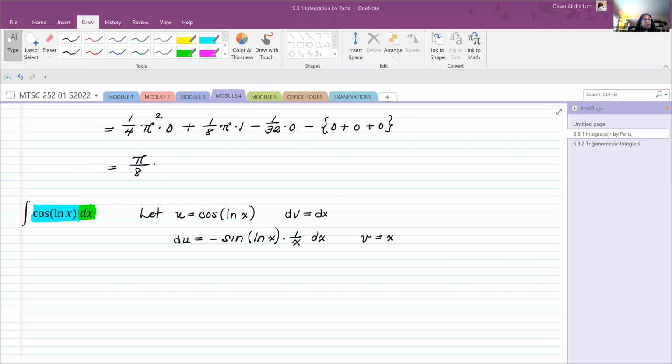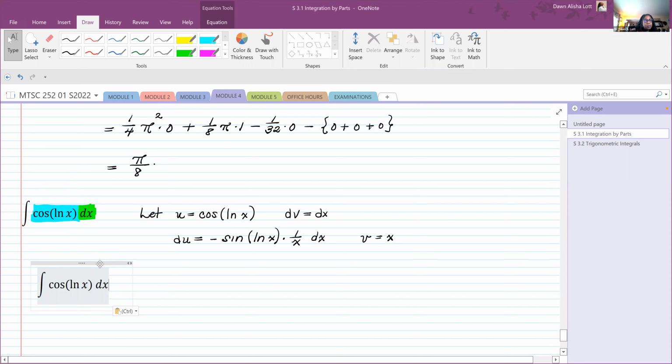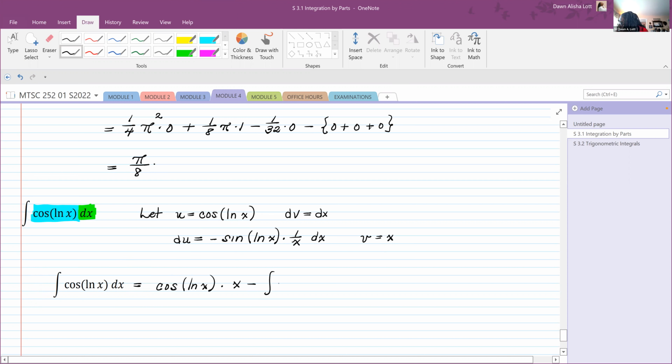Okay, let's plug it in. u, the cosine of the natural log of x, times v, which is x, minus the integral of v, which is x, times du, which is negative sine of natural log of x times 1 over x dx.